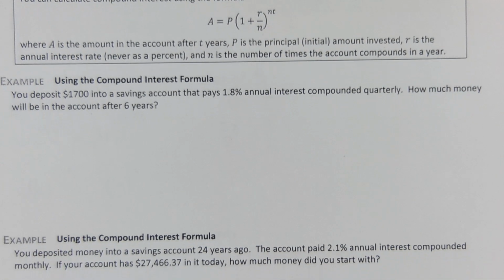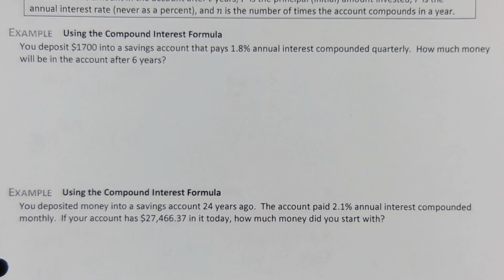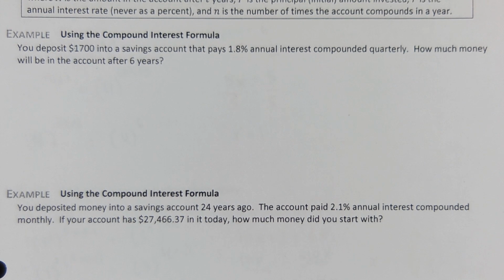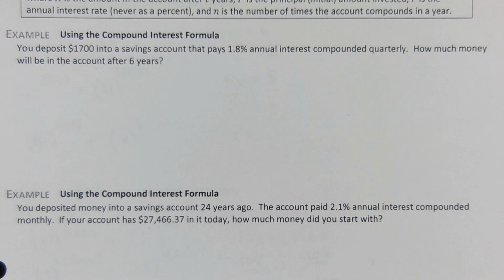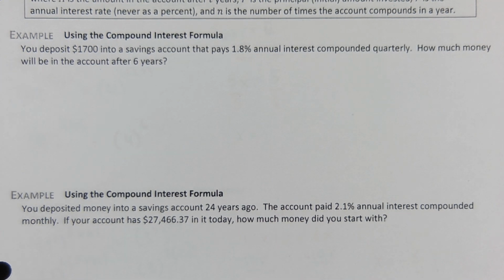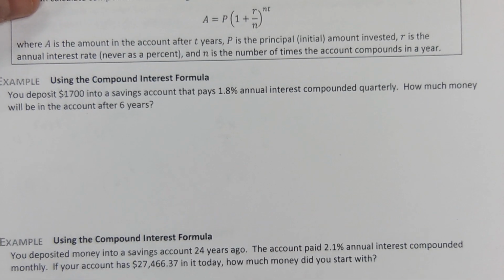All right. You deposit $1,700 into a savings account. It pays 1.8% annual interest, but it is compounded quarterly. How many quarters are there in a whole? 4. Okay, good. We want to know how much money we're going to have in our account after 6 years. So what I want to do is fill out all the known letters.